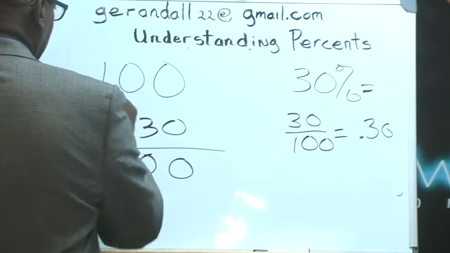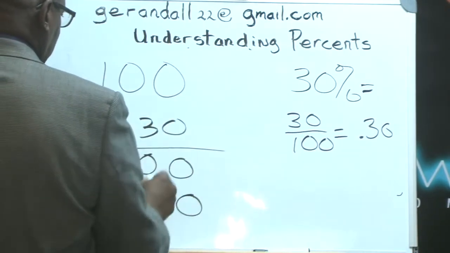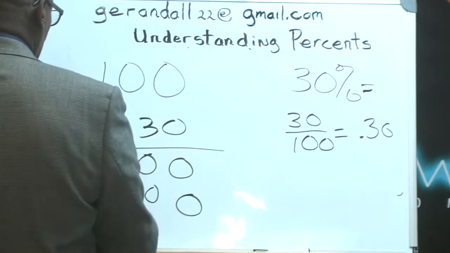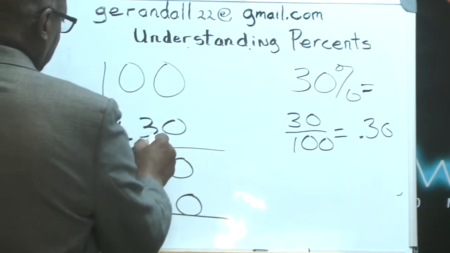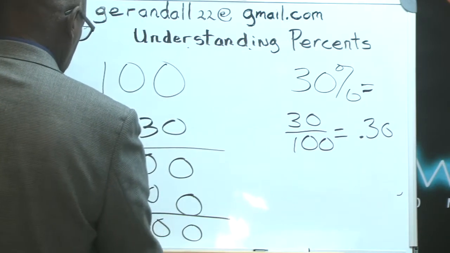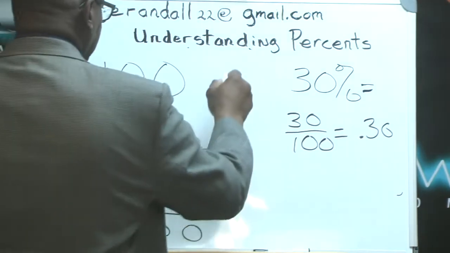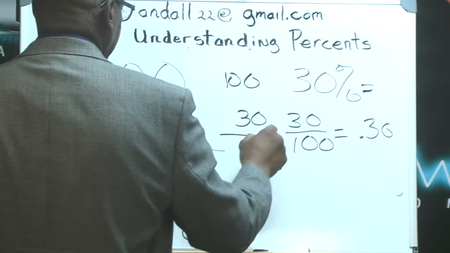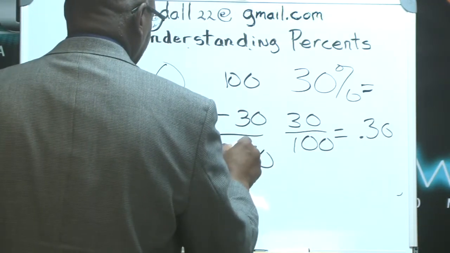So 0 times 100 is 0. Then 3 times 0 is 0. And 3 times 1. We count our decimal places, 1, 2. And we know that you're going to get, in this case, a $30 discount, and the item is going to cost $70.